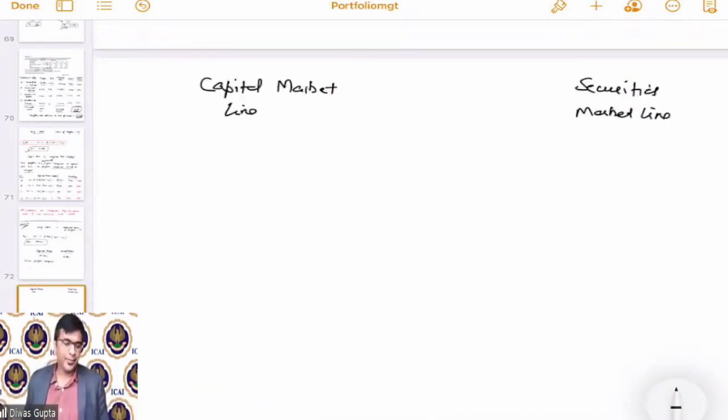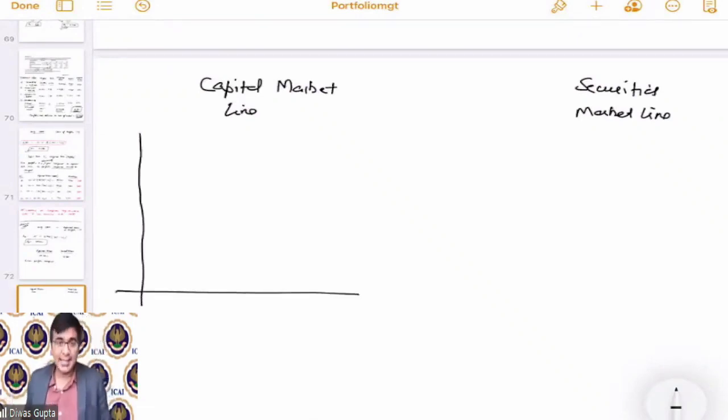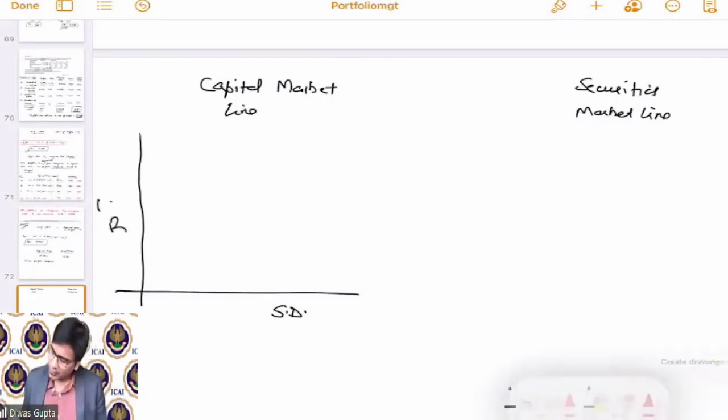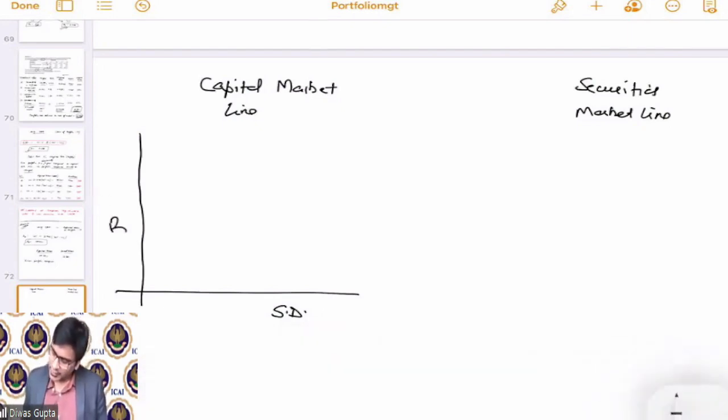Let us go here. What does the capital market line say? On the x-axis you take standard deviation, and if you take the return, r, on the y-axis, for all the combinations between return and standard deviation there is a line that will be formed.